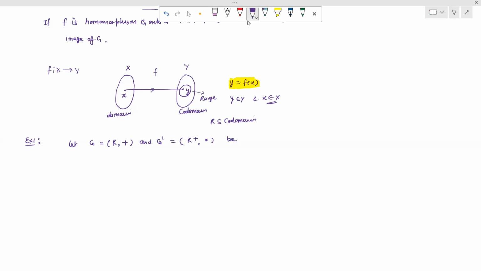So these are two different groups that we have defined: R under addition, and G dash, positive real numbers under multiplication.